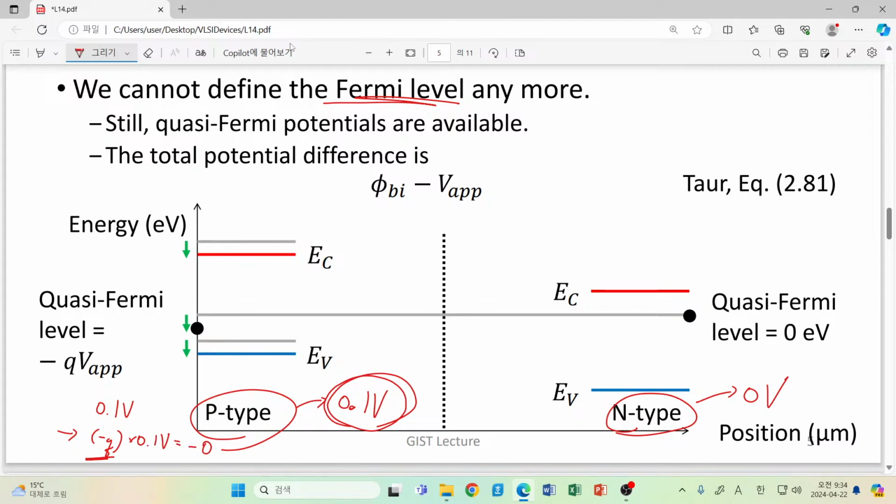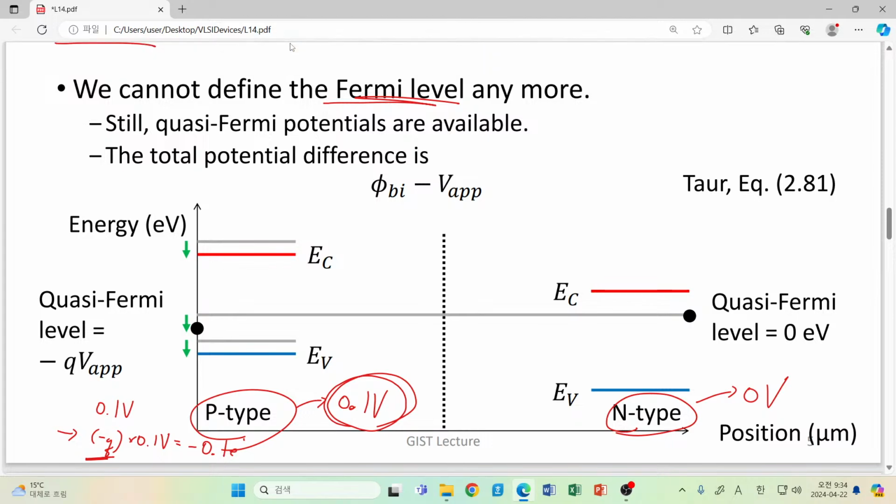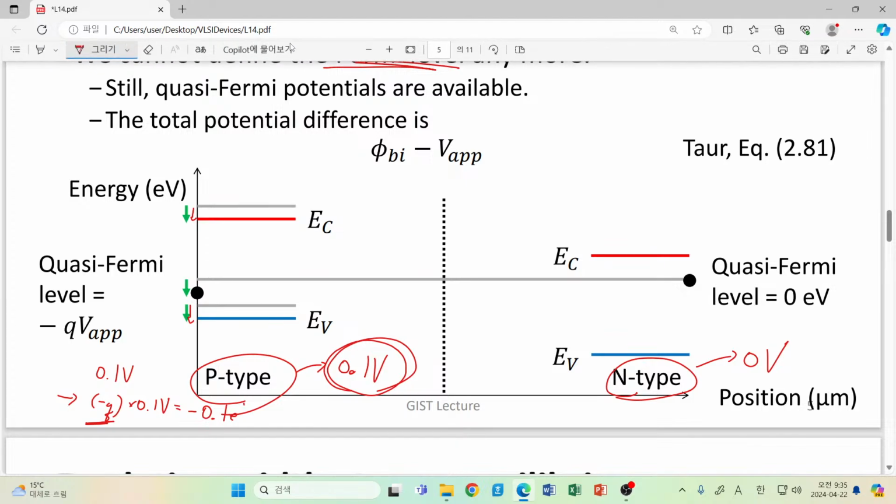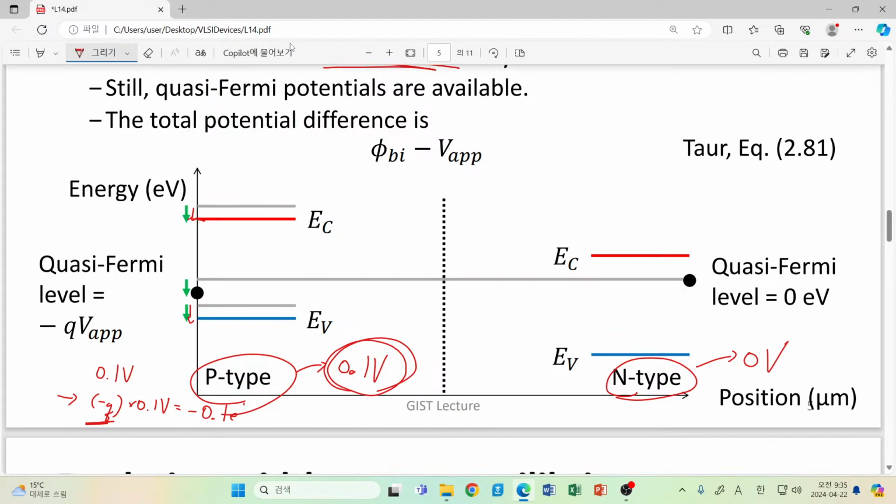This corresponds to just minus 0.1 electron volt. So simply speaking, here our conduction band and valence band are also downshifted by an amount of 0.1 electron volt. So now we can draw in that way.